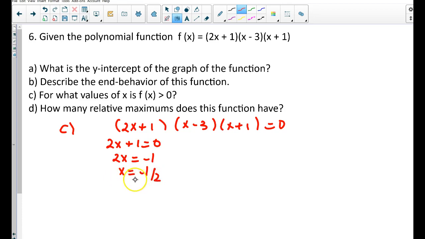So you have a 0 at negative 1/2. It has a multiplicity of 1. You have a 0 of 3 with multiplicity of 1. You have a 0 at negative 1 with multiplicity of 1.